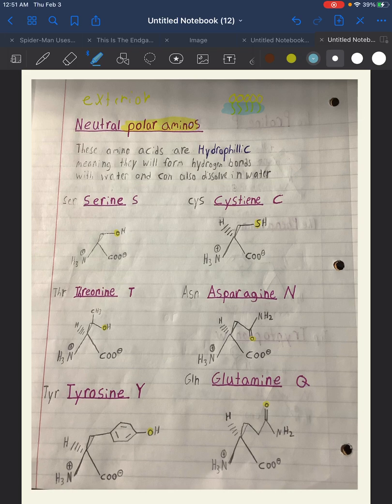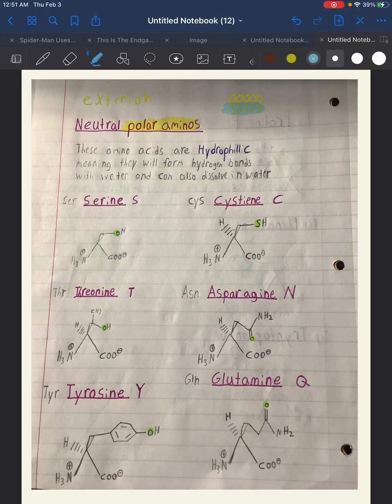Now then, what makes these polar is, once again, if you recall from the structure of water, it follows the same concept. There's going to be a slightly negatively charged portion of this overall molecule. And as you can see, I have highlighted the atom that is slightly negatively charged. This is the atom on the entire structure that forms these hydrogen bonds.